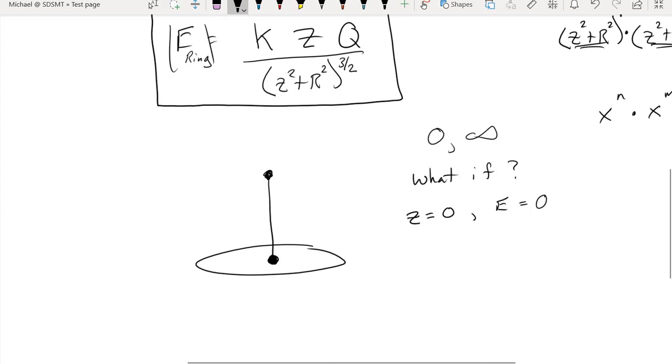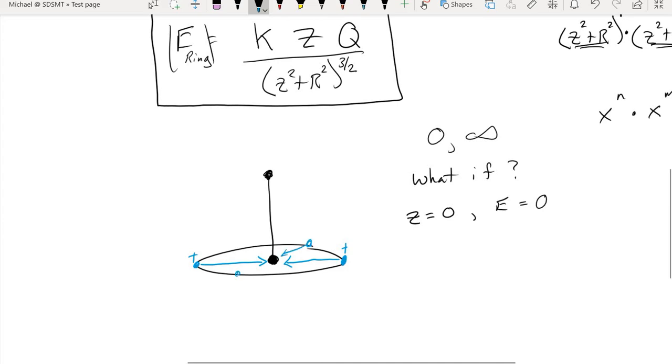But what does that mean? Why is that happening? Well, the reason that's happening is because our infinitesimal charge over on the right here is going to send a field line over to the center of the ring. And at the same time, its evil twin is going to send an equal and opposite magnitude of electric field towards the center of that ring.